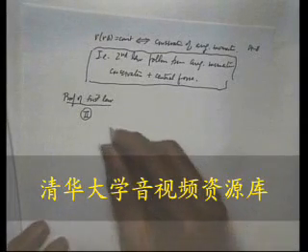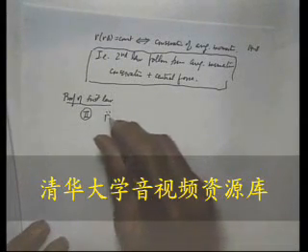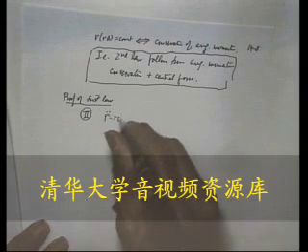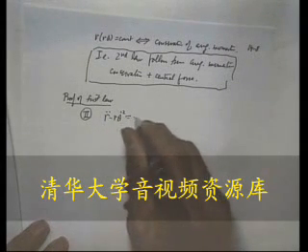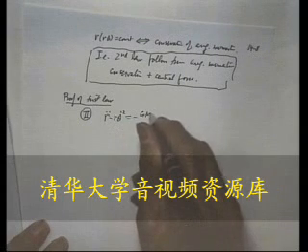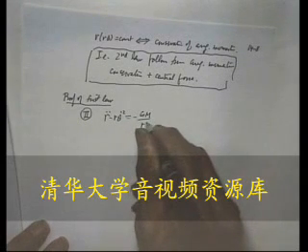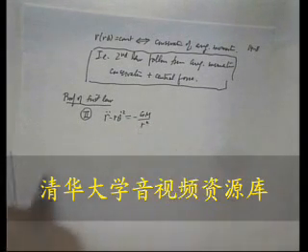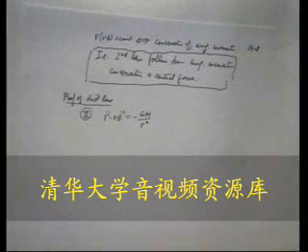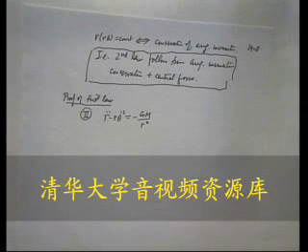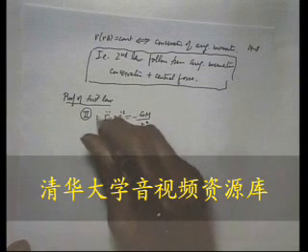Equation 2 becomes r double dot minus r theta dot squared is equal to minus GM over r squared. In fact, let's put the m back in.